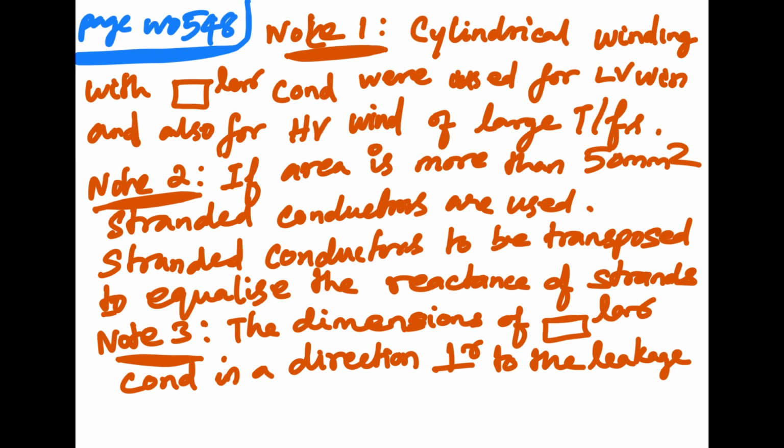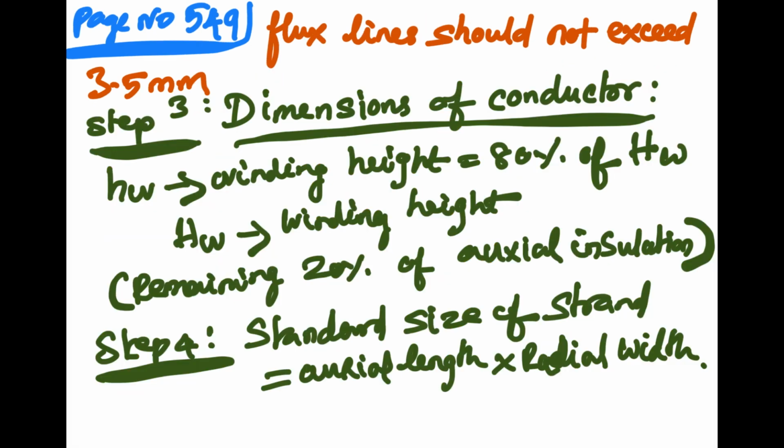Note 3: the dimension of rectangular conductor in a direction perpendicular to the leakage flux lines should not exceed 3.5 mm.